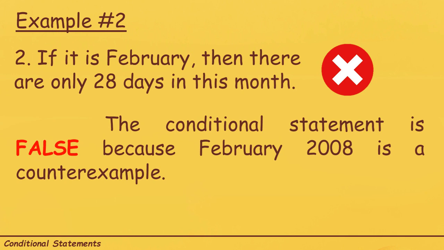Noong year 2020, ang February natin ay merong 29 days because 2020 is a leap year. Okay, so that is why this is a false conditional statement. So sana malinaw ito. Sana malinaw sa atin kung paano ba isipin kung ang sentence ay true or false.